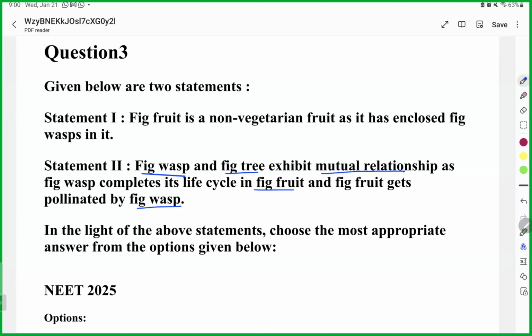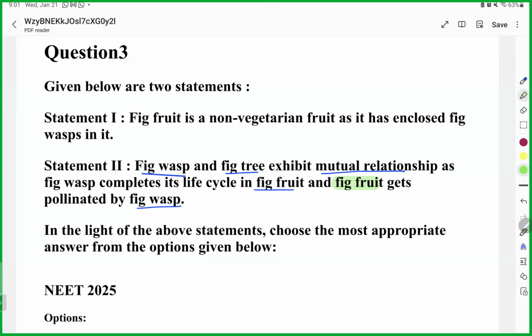This statement is not given in NCERT, but in reality the answer is that the fig inflorescence or flower gets pollinated by the fig wasp, not the fruit. Fruit is never pollinated by the wasp. Flower is pollinated. Fruit is formed after pollination, not before pollination.